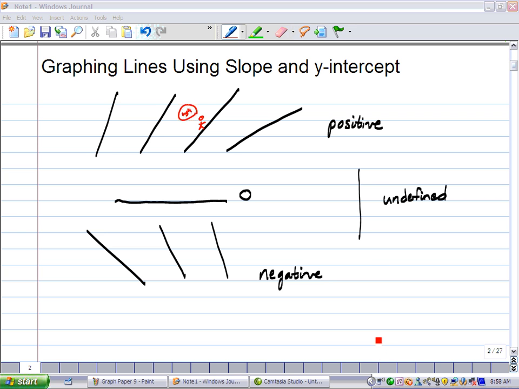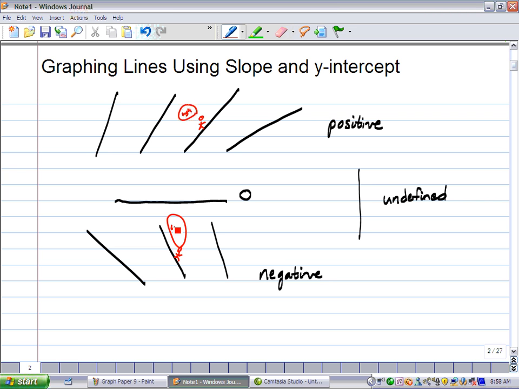All the positive ones. These, what's he doing as he goes down these? Whee! Okay, so the negative ones, he's sliding down saying whee.